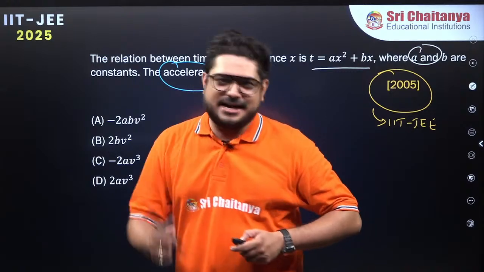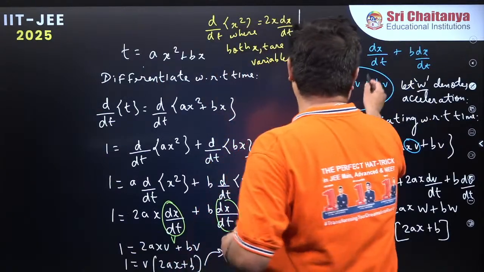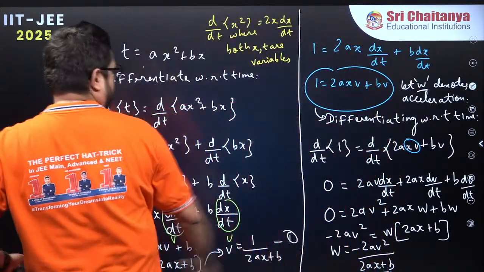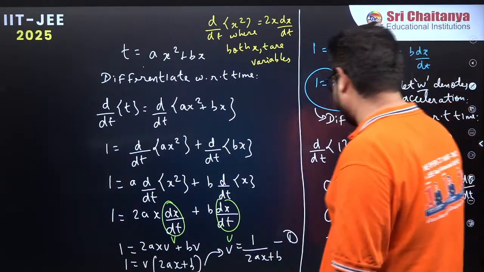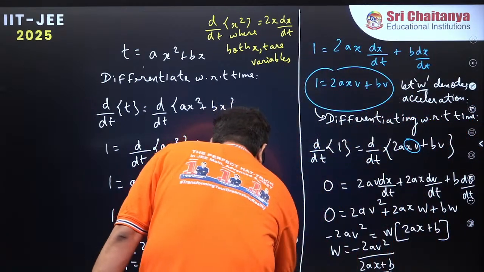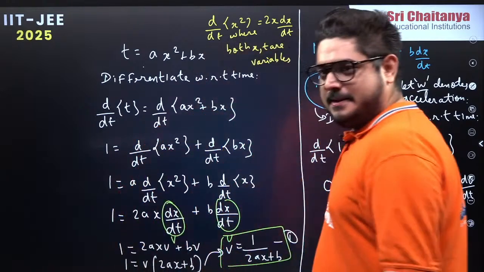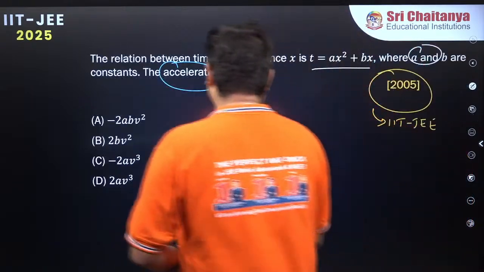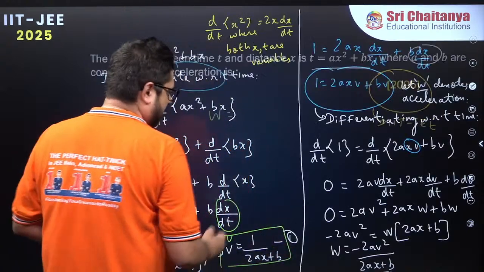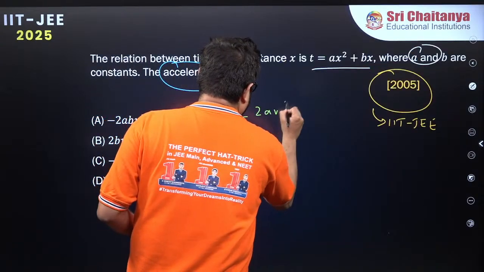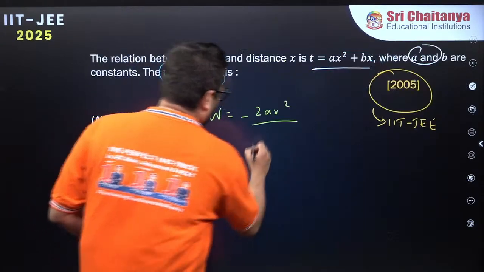But actually, let me try to mention it. I already used this first equation over here. If you're able to see, I already used equation number 1, which was velocity is equal to 1 by 2x plus b. So I'm getting the acceleration value over here. The acceleration w is being given as minus of 2av square divided by 2x plus b.